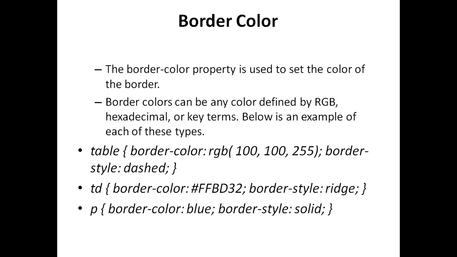We can see the table border color of RGB, and then the RGB value is given, and then the border style. Here we have mentioned the border style as dashed, so the style will be dashing, meaning a dash-type border will be there.